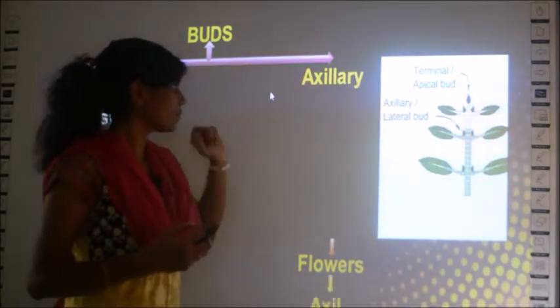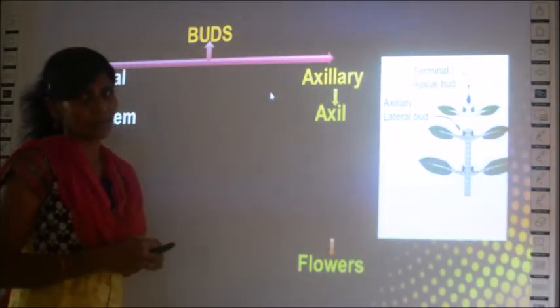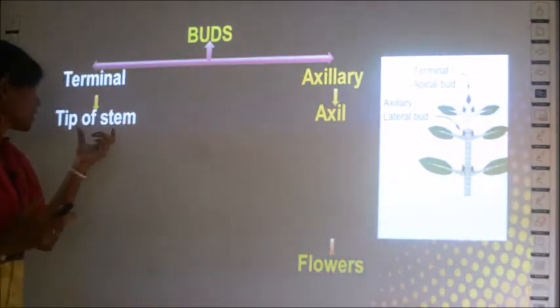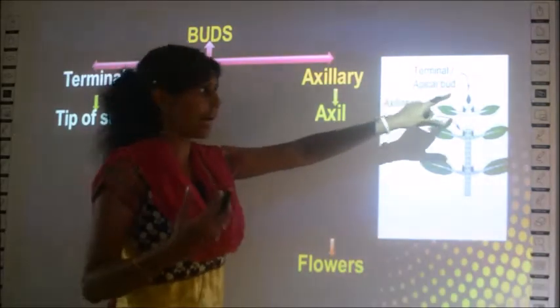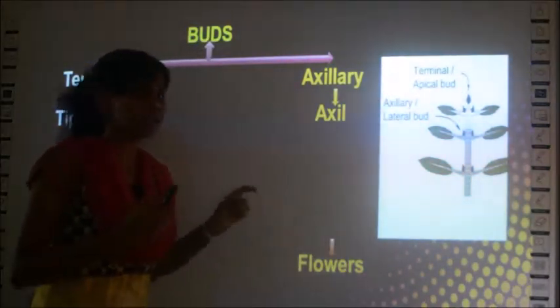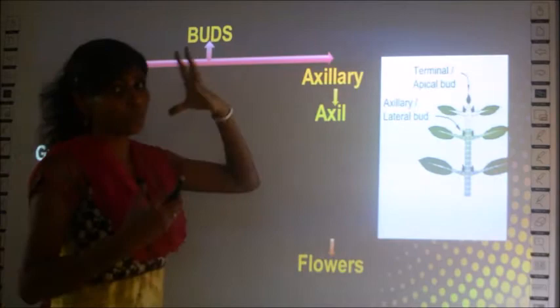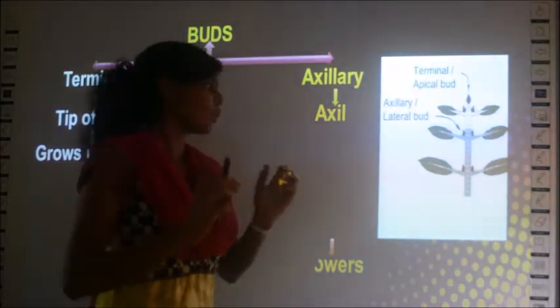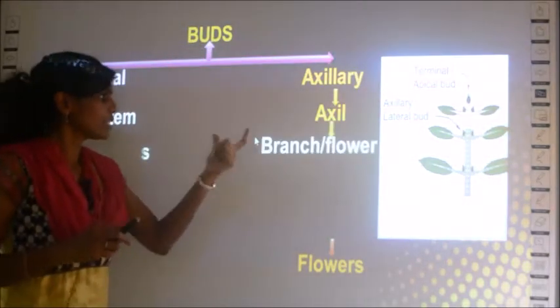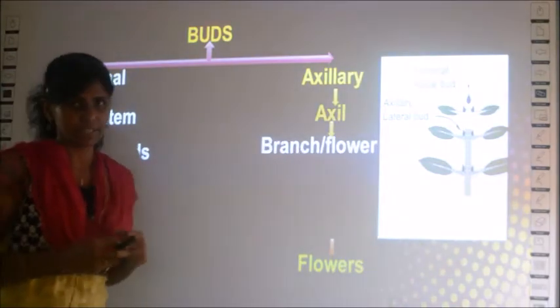So where are axillary buds present? In the axil. So when a bud is present at the tip of the stem, it will grow upwards. And then if it is present in the axil of the leaf, okay.